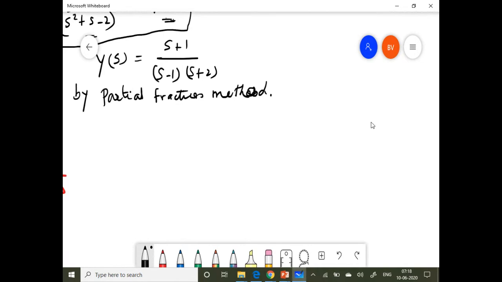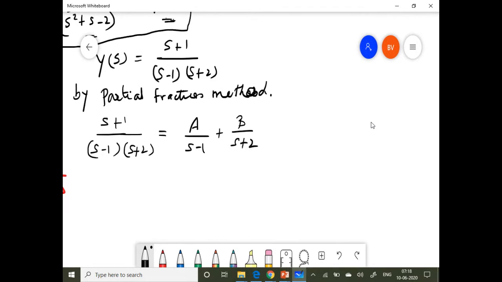What will happen? s plus 1 over s minus 1 into s plus 2 is equal to a over s minus 1 plus b over s plus 2. And solve this, cross multiply. Take this denominator, s minus 1 into s plus 2, and multiply on both sides. We get on the left side s plus 1, and on the right side a times s plus 2 plus b times s minus 1. This is our partial fraction method.